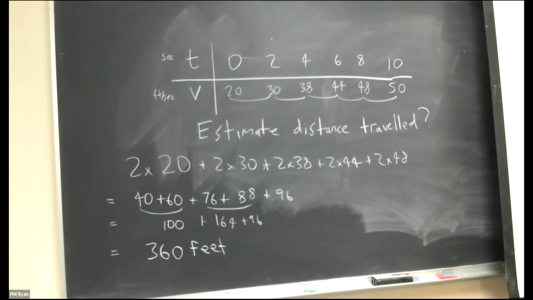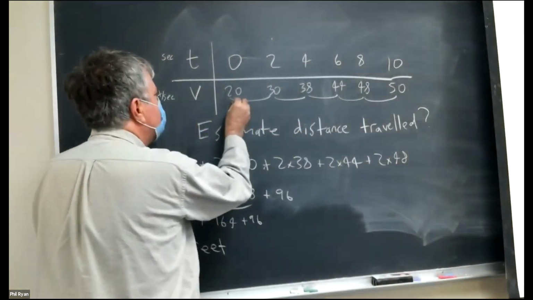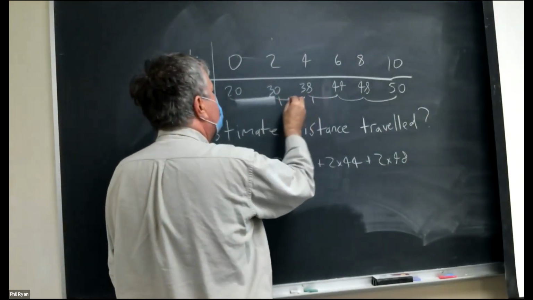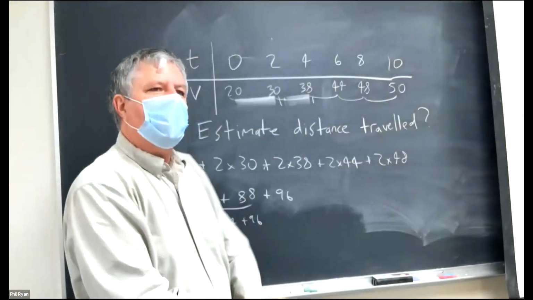How good an estimate do you think that is? And if it's not good, is it too low or too high? Someone critique my estimate. I think it's going to be an underestimate. Why is it going to be an underestimate? For the first 2 seconds, I approximated by 20 feet per second. For the next 2 seconds, I approximated by 30 feet per second.